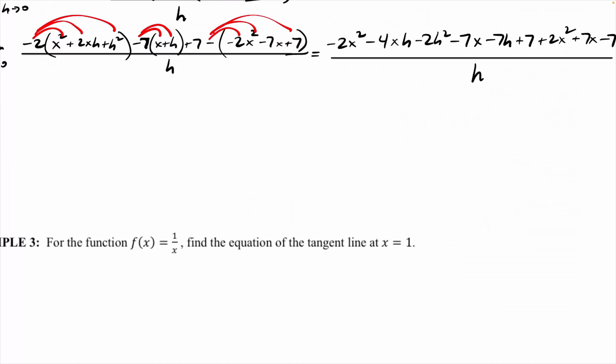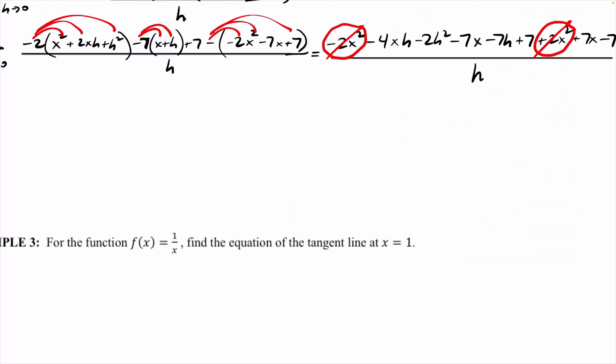What's our next step? Like terms. Are there any like terms up there? Yeah, there are, right? There's quite a bit, which is nice. We want them to go away. So we have -2x squared and +2x squared, right?